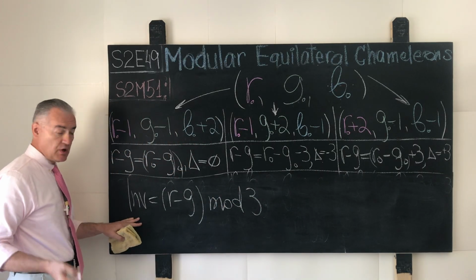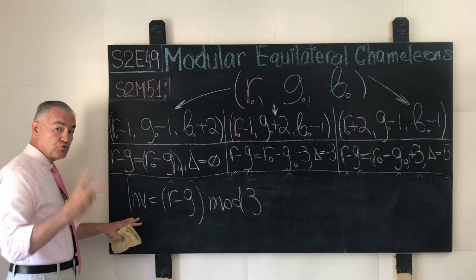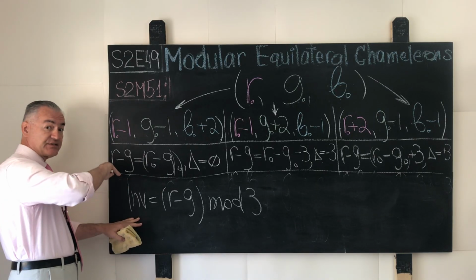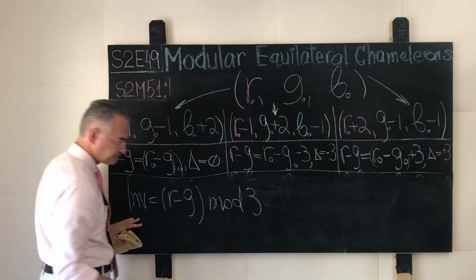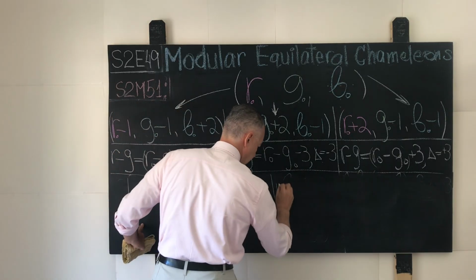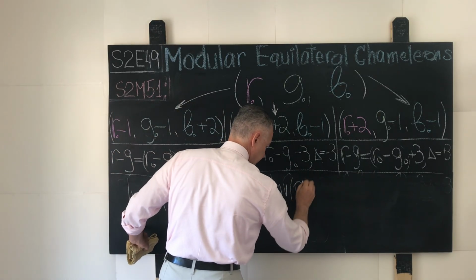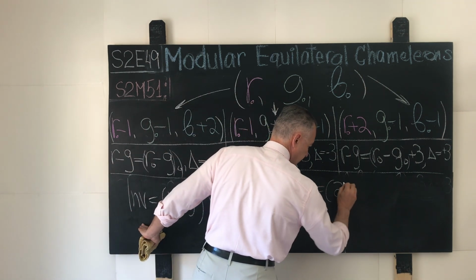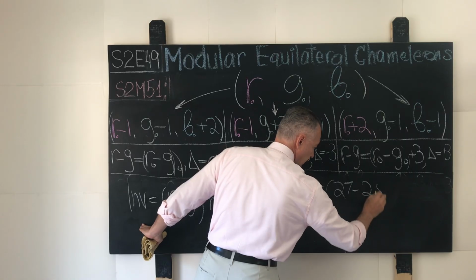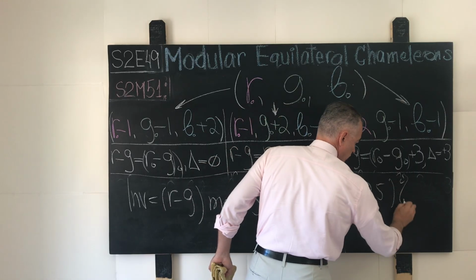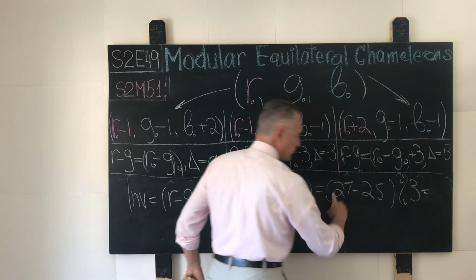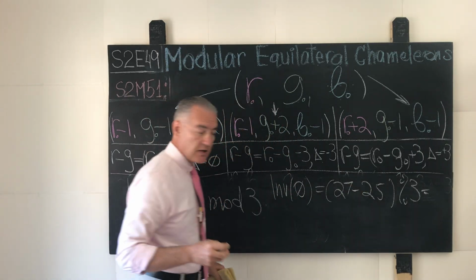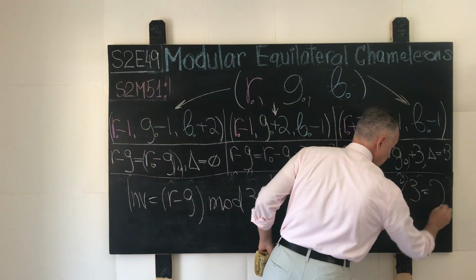And what do we do now? We apply our invariant to two distinct states, the initial state and the requested state. In the initial state, the value of the invariant, let's designate it with 0, is what? 27 minus 25 mod 3 comes out to what? 27 minus 25 is 2. 2 mod 3 is 2.